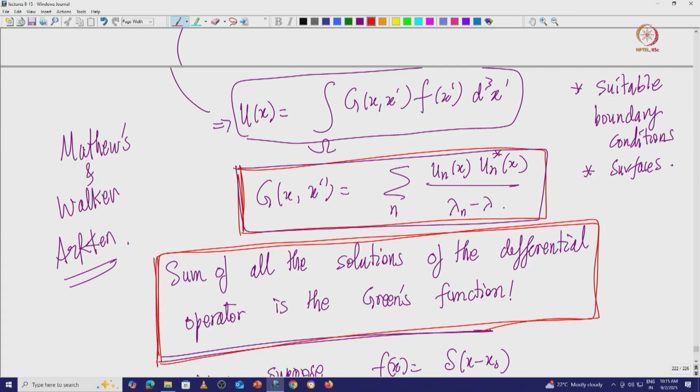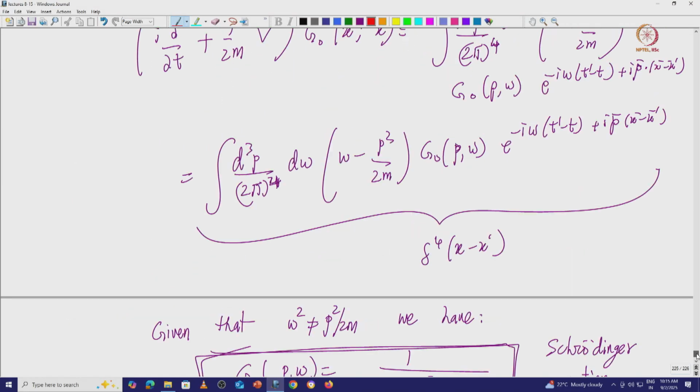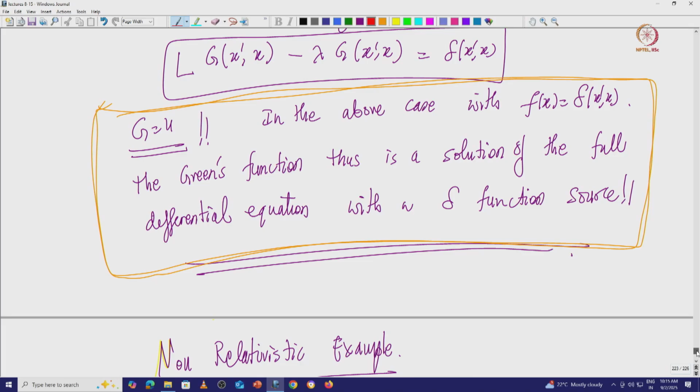The differential operator is the main thing, the Laplacian in this case, del square, and the sum of all the solutions of them is nothing but the Green's function. Using this we get the idea that the Green's function is the solution of the full differential equation with a delta function source.